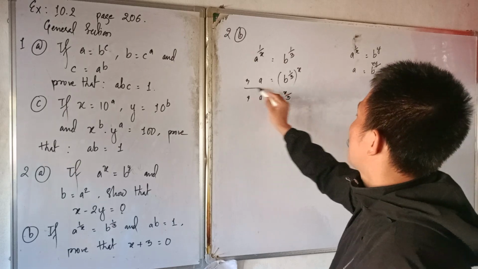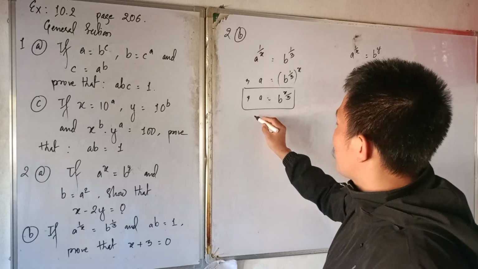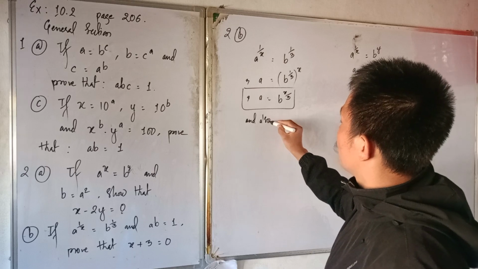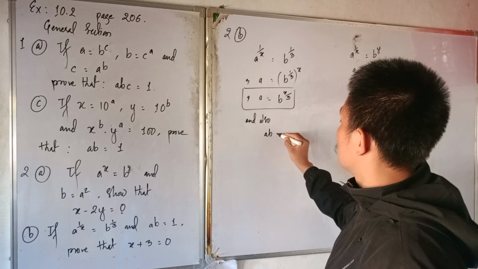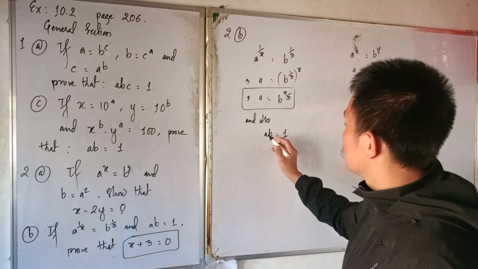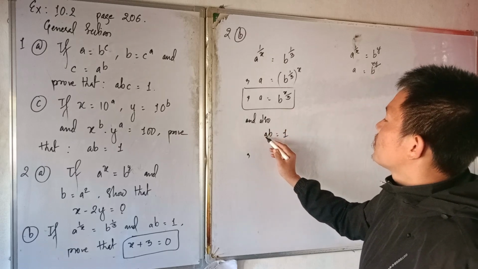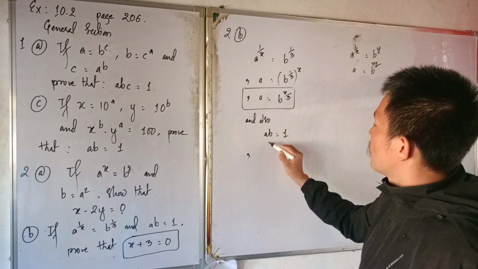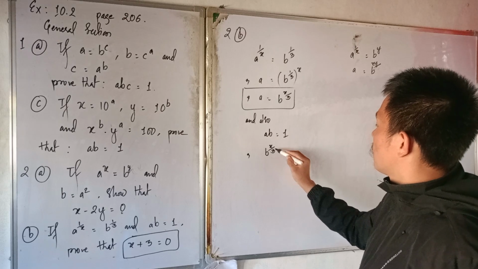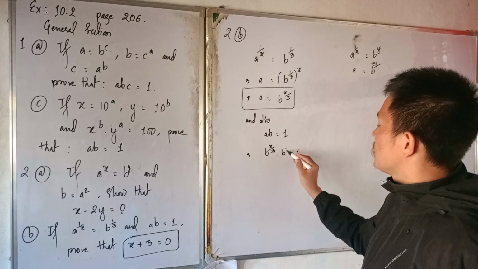After establishing this relation, what we have to prove is, we are given ab is equal to 1, and we have to prove x plus 3 is equal to 0. Now replace the value of a by b power x by 3, and b is already here, is equal to 1. Nothing in power means there is already 1.